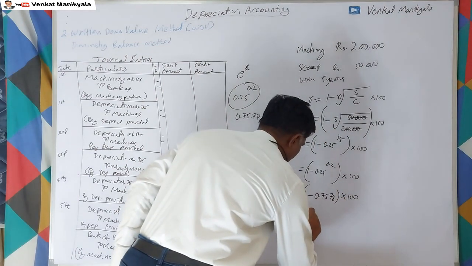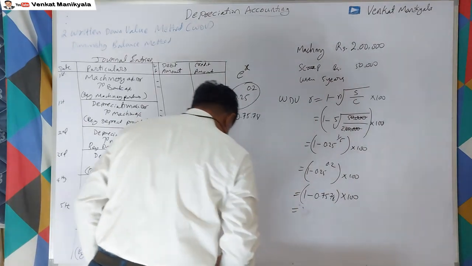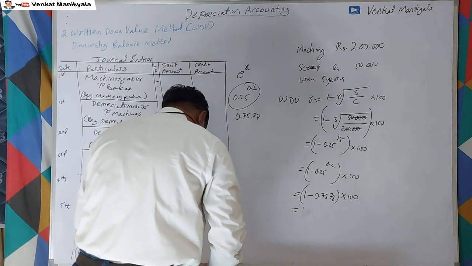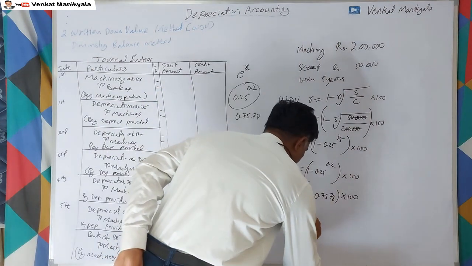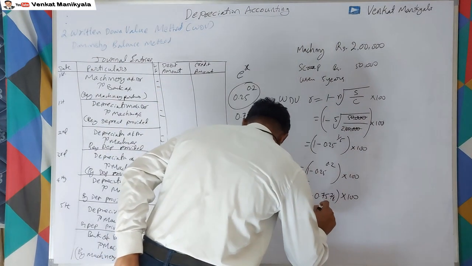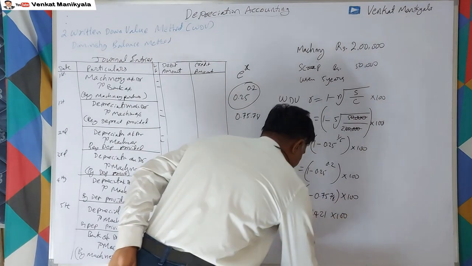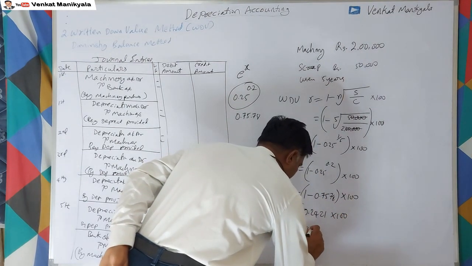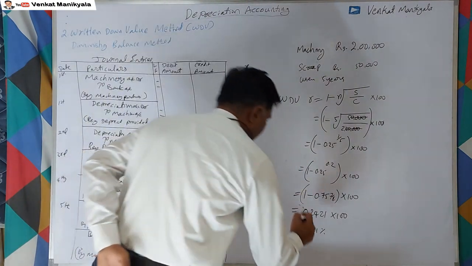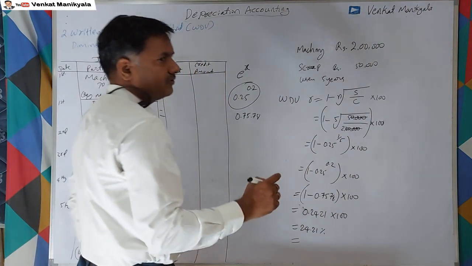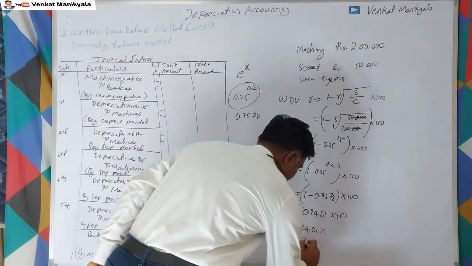That is equivalent to 1 minus 0.7578, which is how much? 0.2421 multiplied by 100. That is nothing but 24.21 percentage, right? So for easy calculation, for rounding up purpose, what I do is 25 percentage, right?